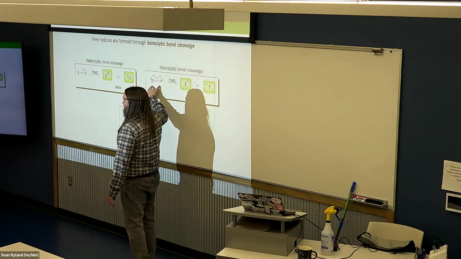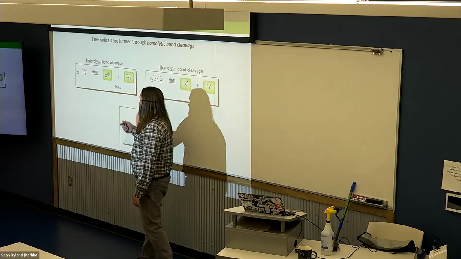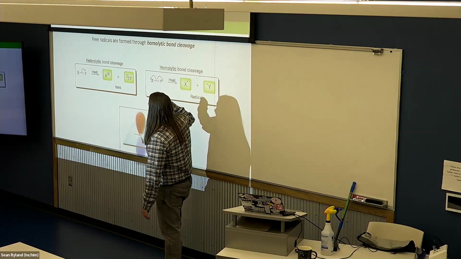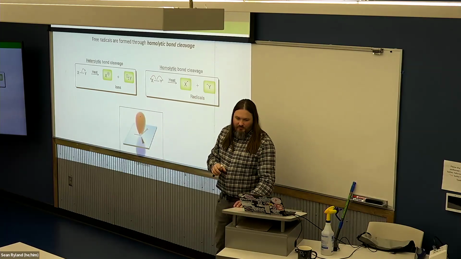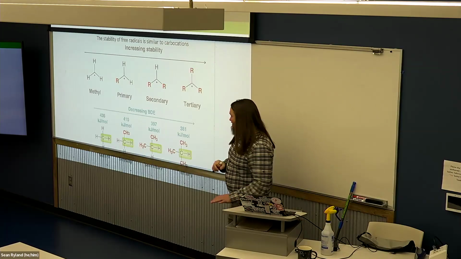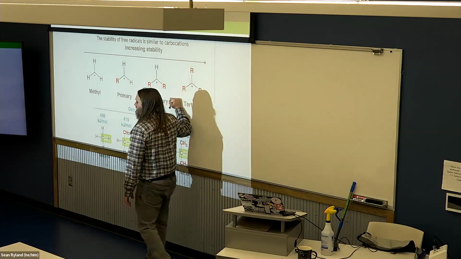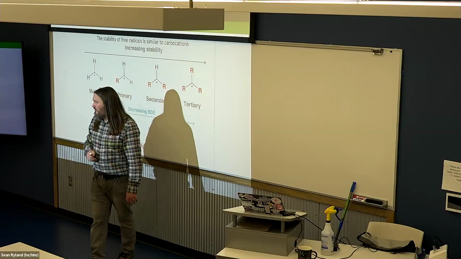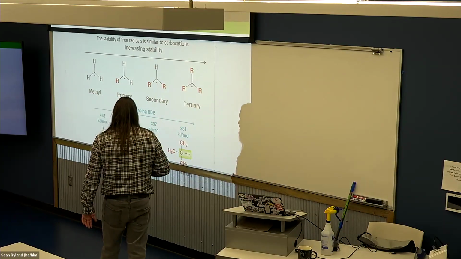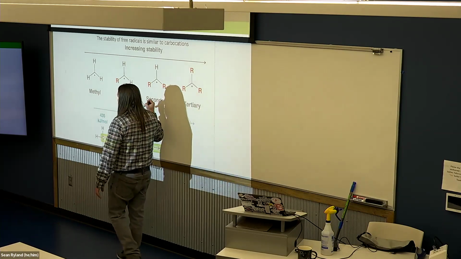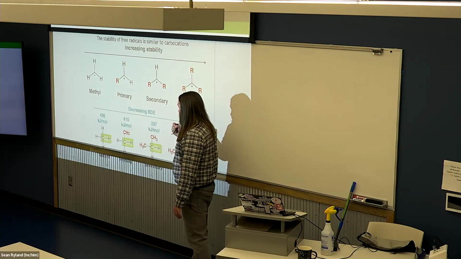If they're not the same thing, though, in order to force it to be a homolytic bond cleavage, we need to have a little bit more force to do it. So we talk about how easy it is to pull that hydrogen off, because it's not easy. Carbon hydrogen bonds, for the most part, are very stable. So in order to do this and to be left with radicals is kind of tricky.